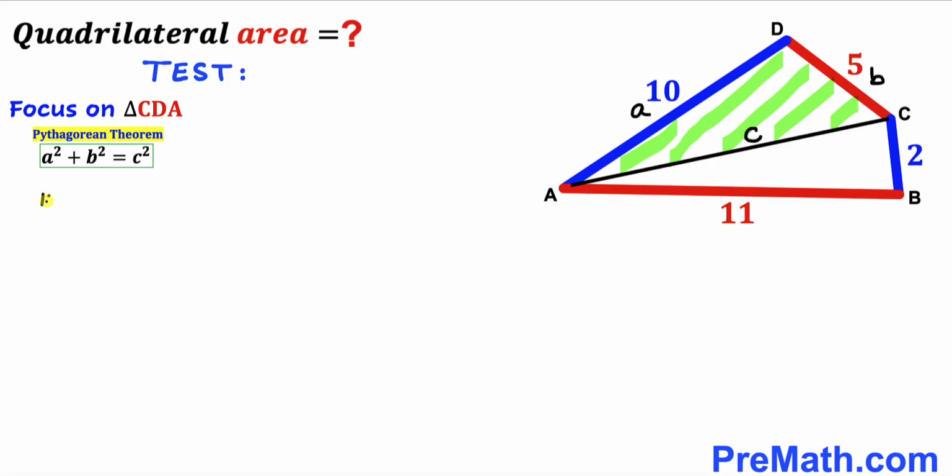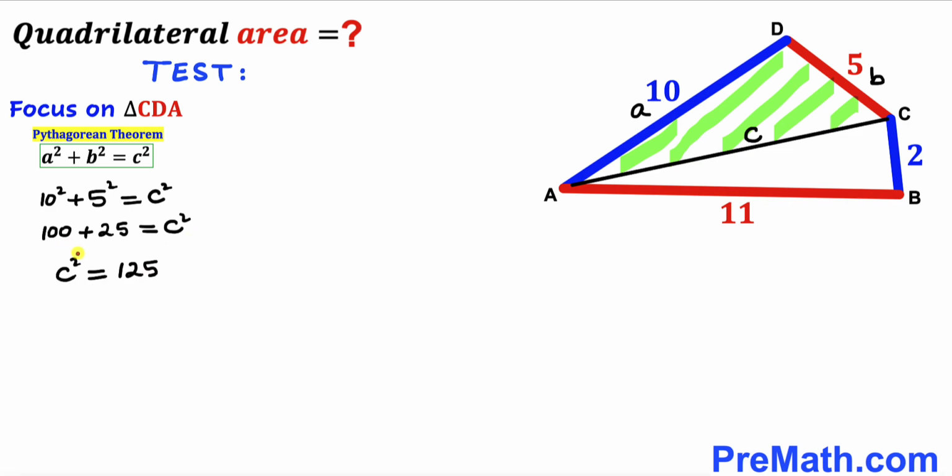Let's fill in the blanks. We have 10 squared plus 5 squared equal to c squared. Simplifying, that gives us 100 plus 25 equal to c squared. So c squared is equal to 125.